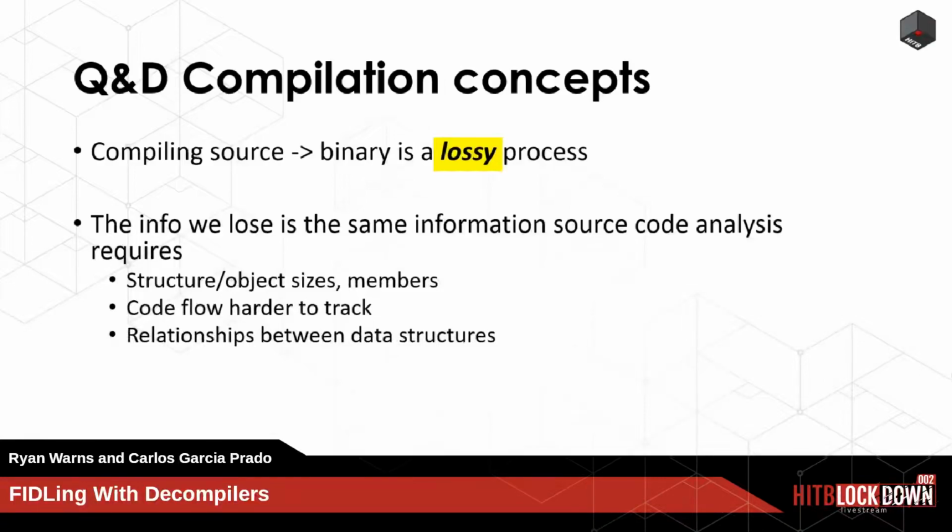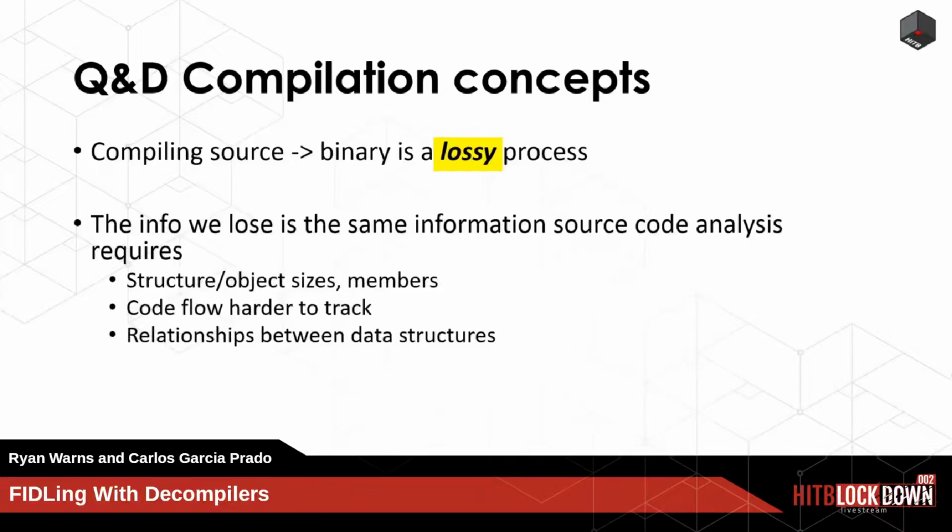Another way to think of it is that when you compile, you have basically everything you would have from a source code perspective: header files, typedefs, function definitions, structure definitions. The compiler has all of that information and then basically throws away the stuff that's unnecessary for execution.